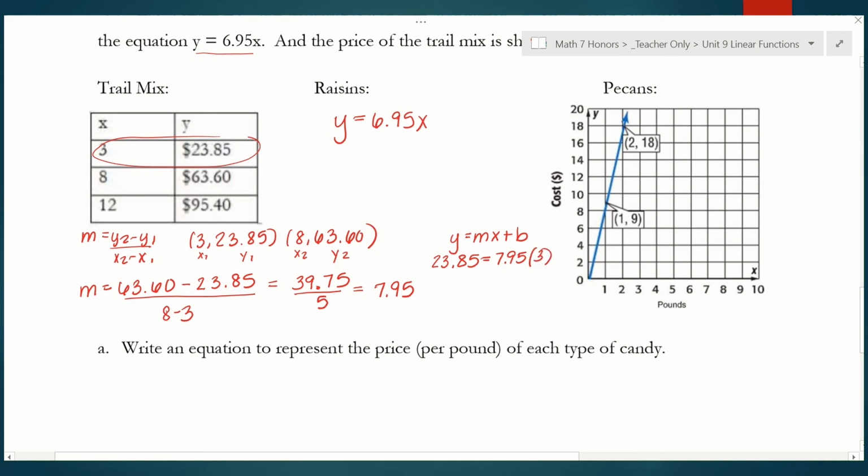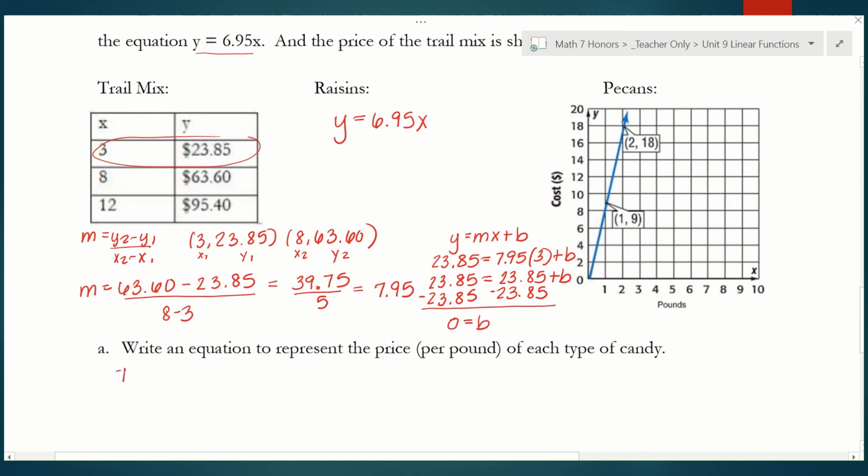The x-coordinate of that point is 3, and b is what I don't know. So 2385 equals 795 times 3, which is actually 2385. To solve for b, I would subtract 2385 from both sides, and I would get that b is 0.